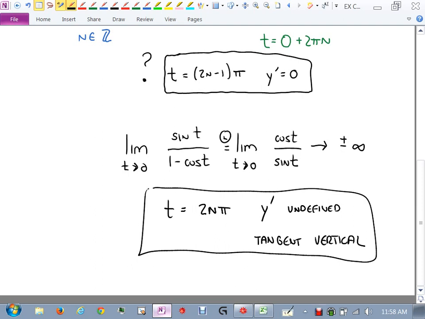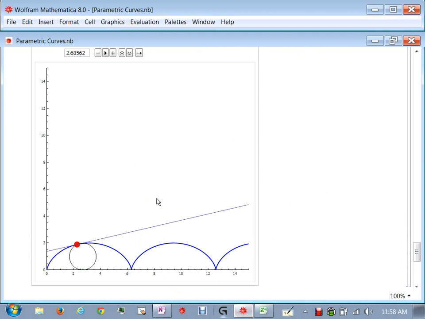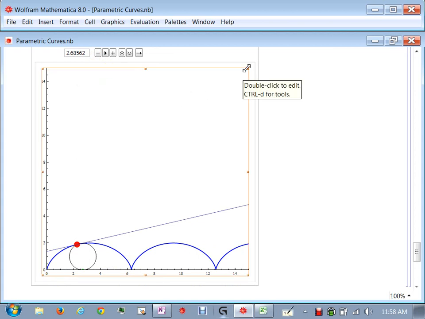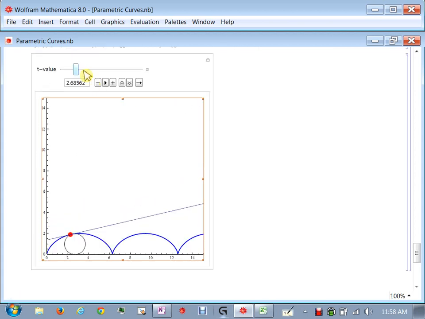Questions? Back to the picture. Now, unfortunately, my x-axis here, right? Remember, the x-axis is not time, right? Do you all agree with that? Because this is a parametric curve, so x-axis is not time.